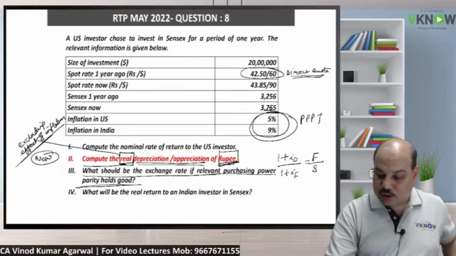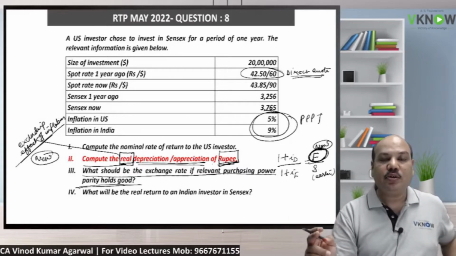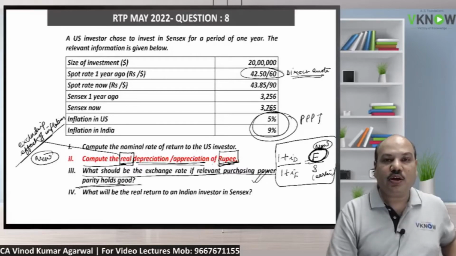Instead of forward rate, it is now, and spot rate means earlier. So by using this equation, we can find out what should have been the value of exchange rate if PPPT holds true. Bonus marks. Just apply the formula and you will get the answer.